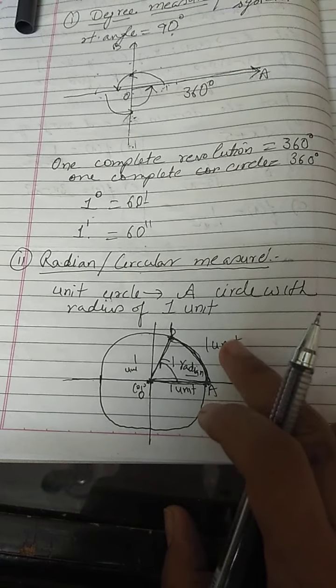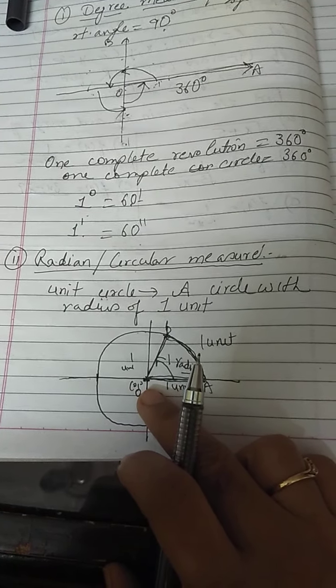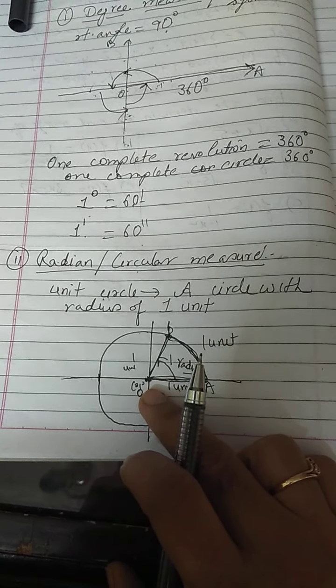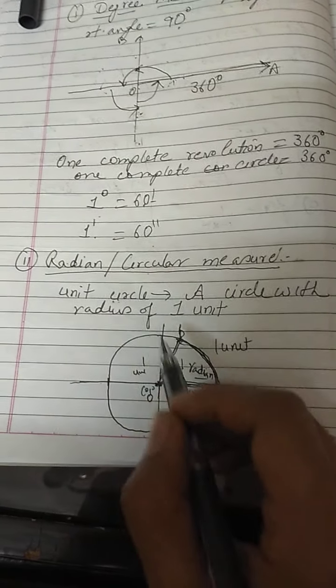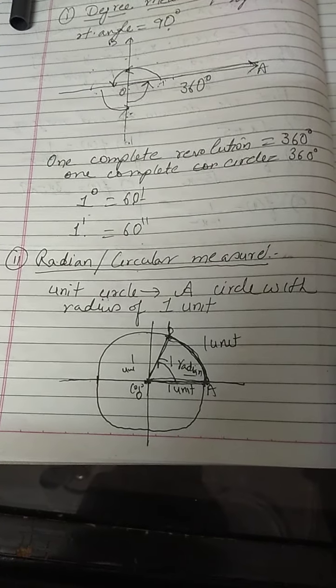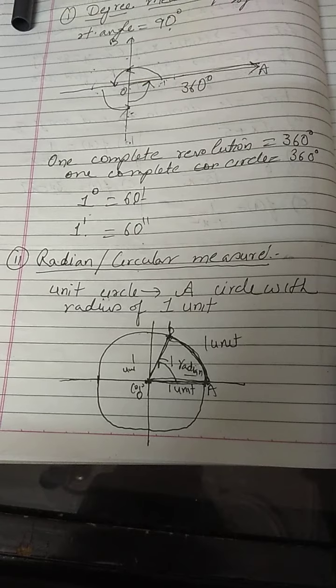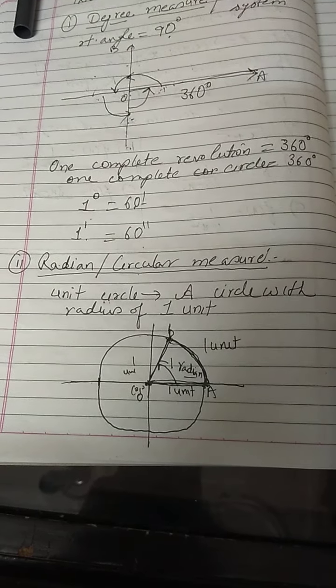So the angle subtended by this arc AB at the center O is 1 radian angle. Clear? The rule will remain the same here. If I am measuring the angle in anti-clockwise direction, it will be positive radian, and if I measure the angle in clockwise direction, it will be negative.